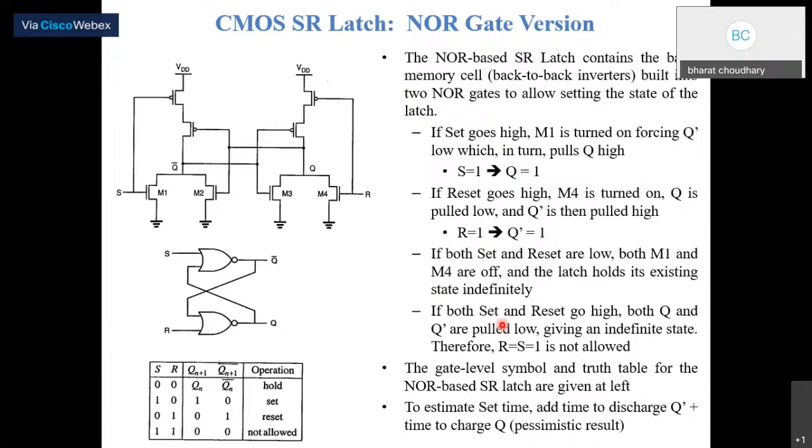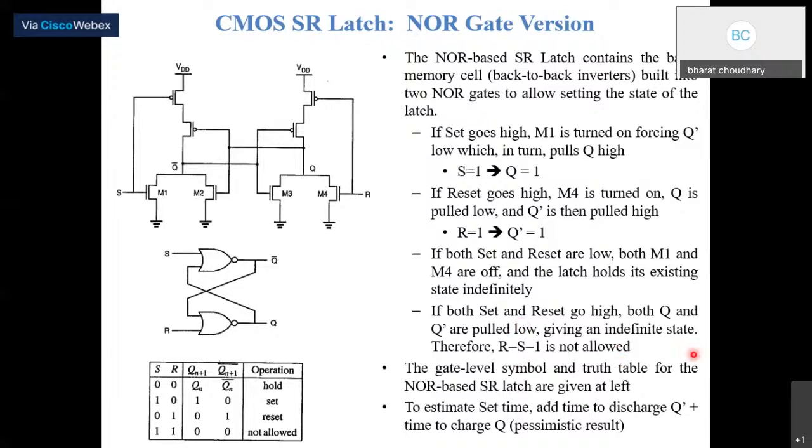If both set and reset go high, both Q and Q complement are put low, giving an indefinite state, because this is not a valid state. It is not allowed because Q and Q complement cannot be the same. They should be opposite to each other, so this state is not allowed.